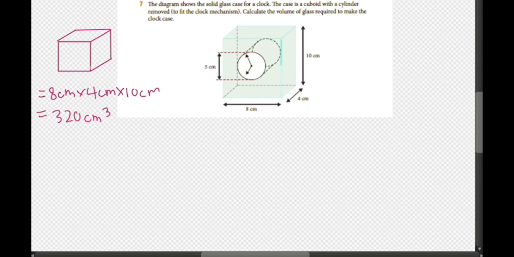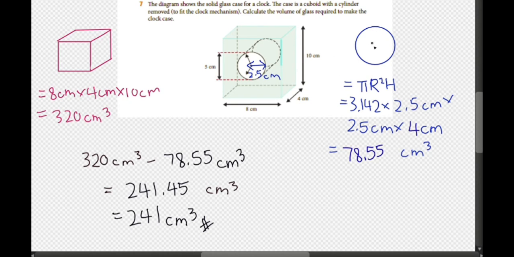Now we find the volume of the cylinder. To find the volume of a cylinder, we need to take pi times radius squared times height. Pi we'll write as 3.142. The radius here we know is 2.5 cm, since its diameter is 5 cm, so to find the radius, we take 5 cm divided by 2 and we will get 2.5 cm.